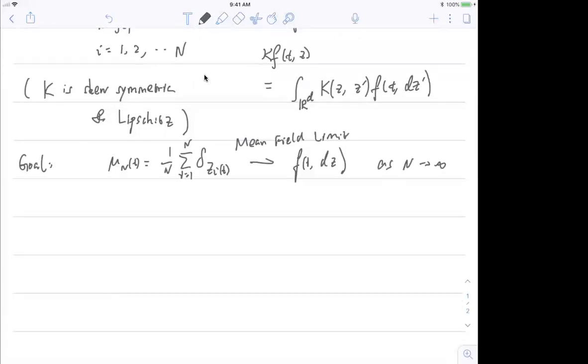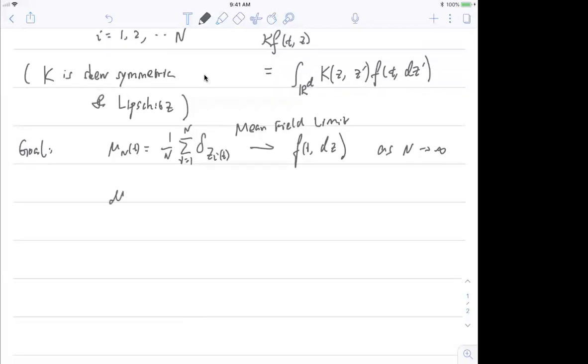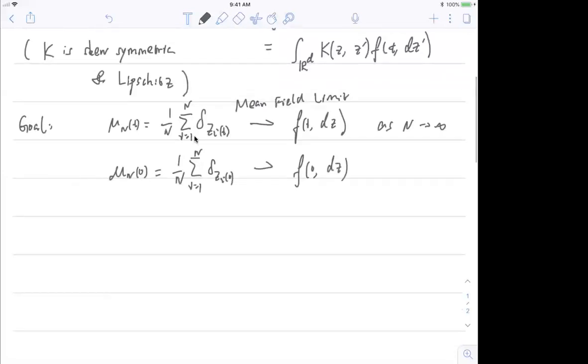To realize this, we need an initial assumption: initially, we need the convergence from the initial empirical measure to F0 dz. This is the initial condition for the ODE system, and this is the initial condition for the mean field PDE.